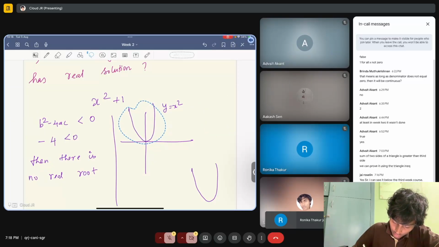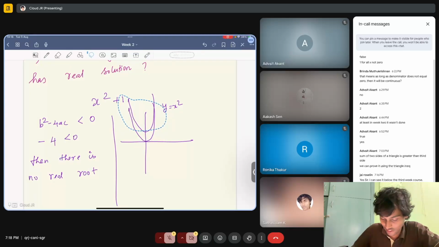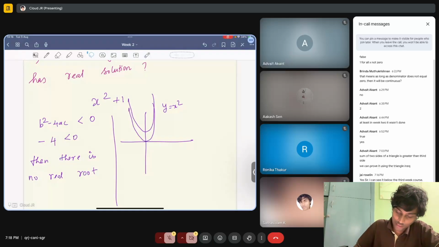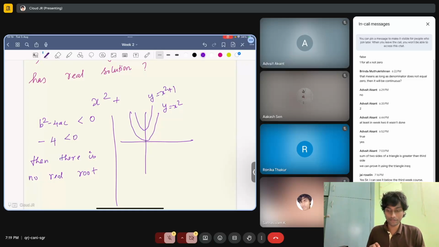So let's say this is my parabola. Whenever I'm adding 1 to it, I start with my parabola and then I'm just translating it above. I draw it very badly, but this is what I'm doing. So this is y equal to x square, and this is y equal to x square plus 1.